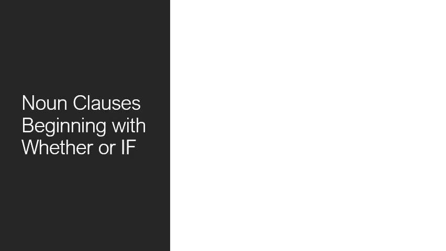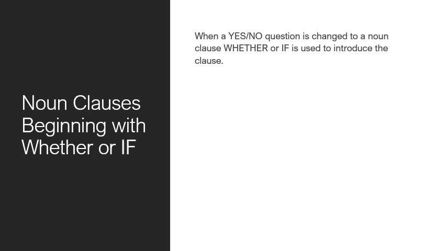Tonight we're going to look at a different kind of noun clause. Instead of a noun clause that begins with a question word, we're going to look at a noun clause that begins with whether or if. We use whether or if to begin a noun clause with yes/no questions.